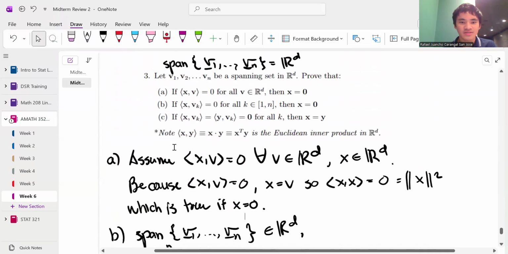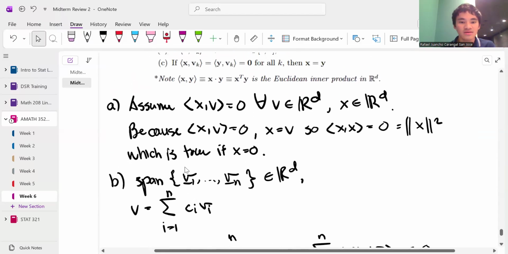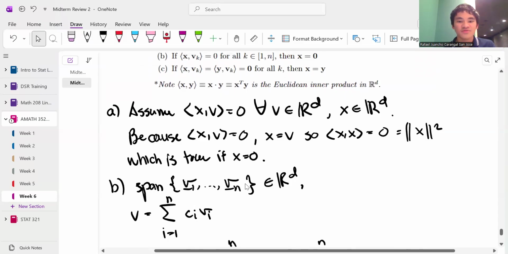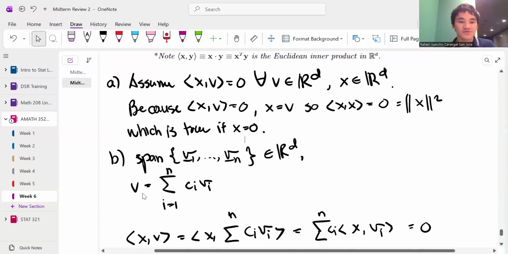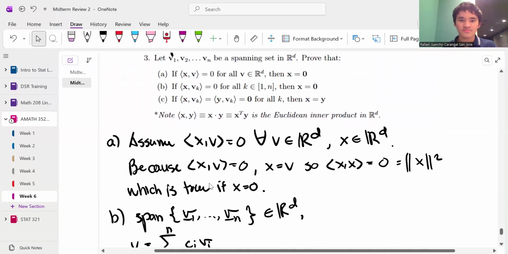Okay, let's do b. So we have the dot product of x and vk to be 0 for all k from 1 to n, then x is 0. Here we say that the span of v1 to vn is Rd, right? And we write v as a linear combination of some scalars c and the vectors v. So here are the components. We can do that.